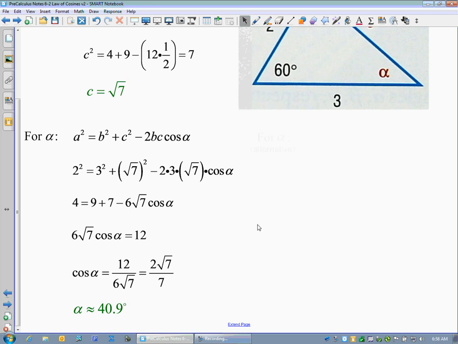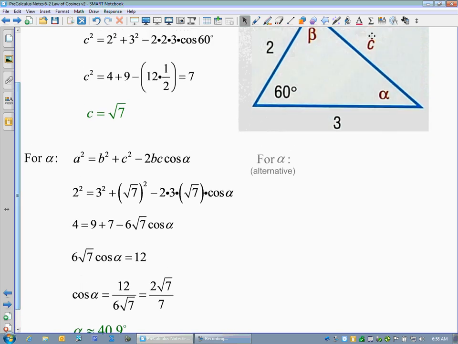And just for the experience, we're going to go ahead and do that. So we could have done alpha in this alternative way. I know c is the square root of 7, so I'm going to say the square root of 7 is to the sine of 60 degrees as 2 is to the sine of alpha. Or in other words, I set up this proportion.